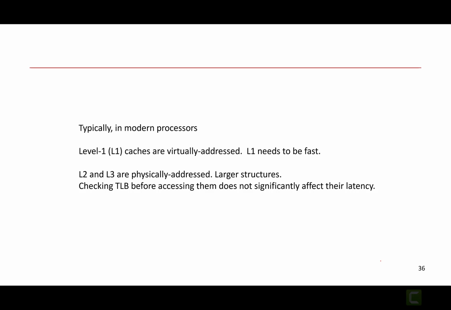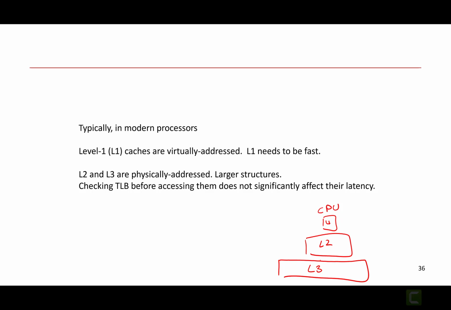So what do we really use today in modern processors? For level 1 caches, if you remember our cache discussion, the CPU has multiple levels of caches. There is a small L1 cache, then a much larger L2, and then an even larger L3.